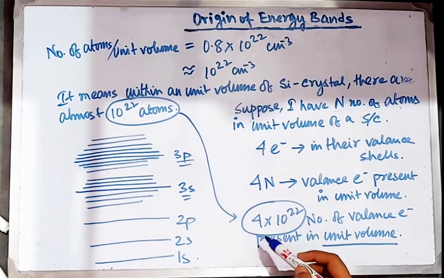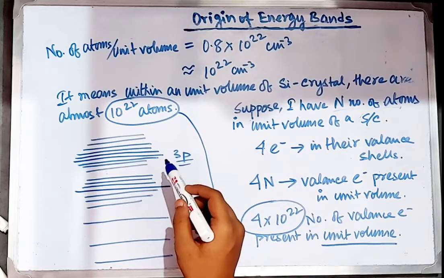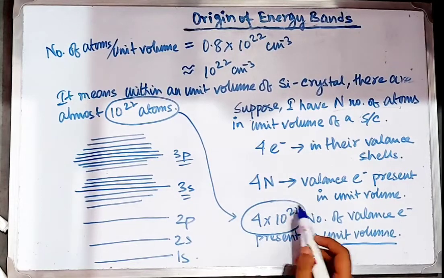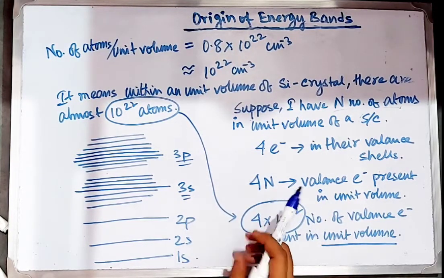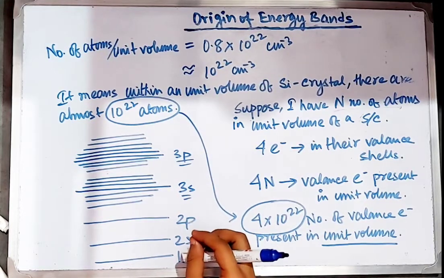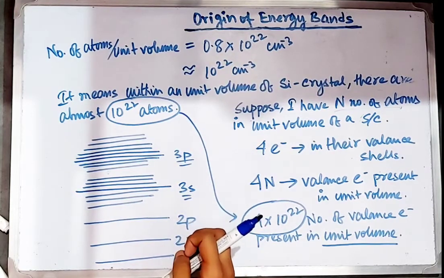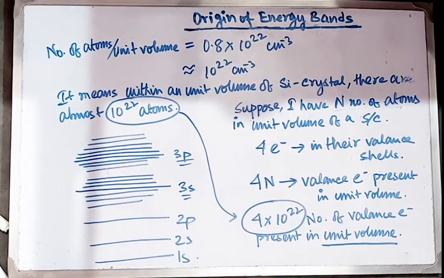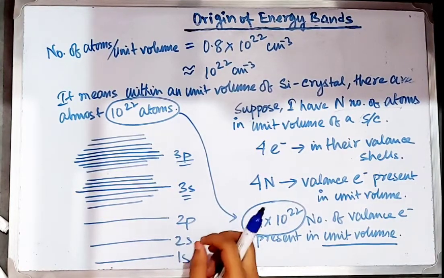So for these 4 into 10 to the power 22 electrons, the outer shell of the atom should get split into 4 into 10 to the power 22 energy states, because each and every electron of the crystal is feeling a different kind of energy and different forces in different directions. So they all will have their unique energy, and for each electron there must be some unique energy state where the electron can move.